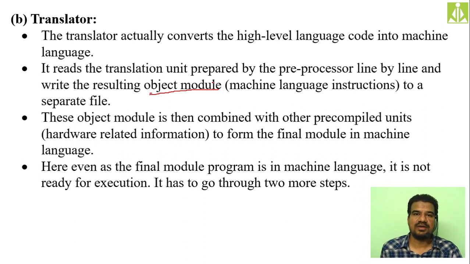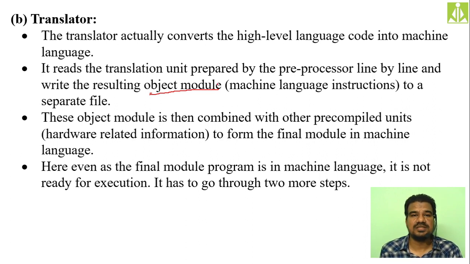That source code we give to the compiler. Inside the compiler we have two different things, the preprocessor and the translator. The preprocessor takes the source code, adds the library modules, and prepares the translation unit. That translation unit we give as an input to the translator. The output of this translator is the object module.